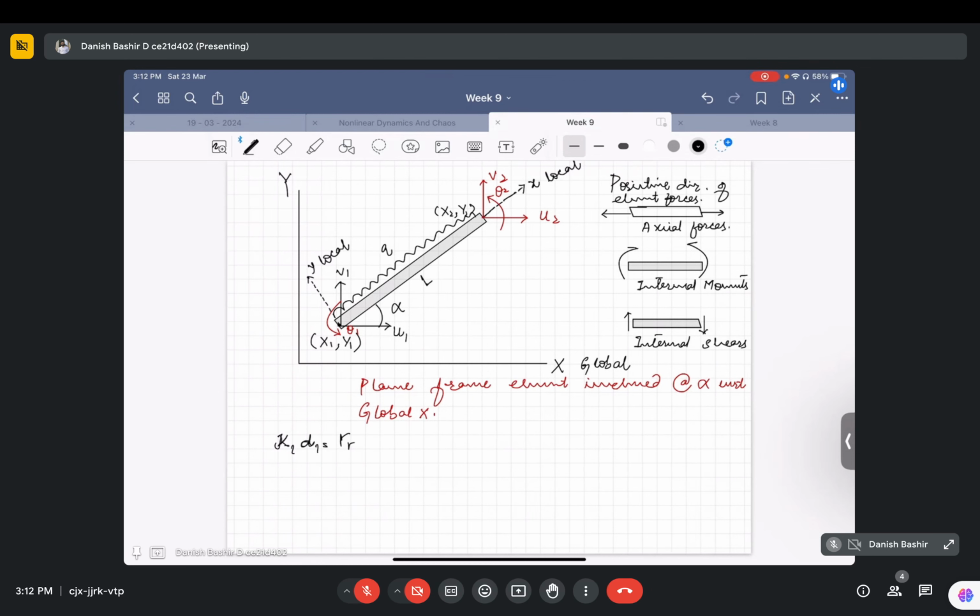One more thing is that we can transform this DL, the local degrees of freedom, to the global degrees of freedom using the transformation DL is equal to T, the transformation matrix, times the global coordinates D. I showed you in the case of the truss element, so you people remember this. So I can put this DL here. I have KL times T D is equal to R local.